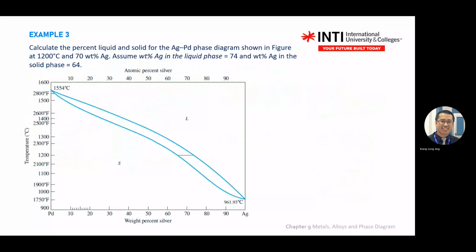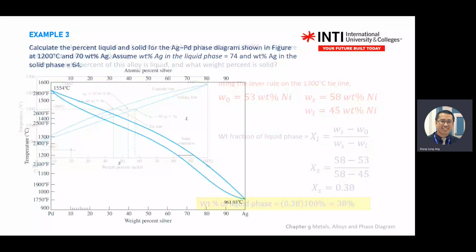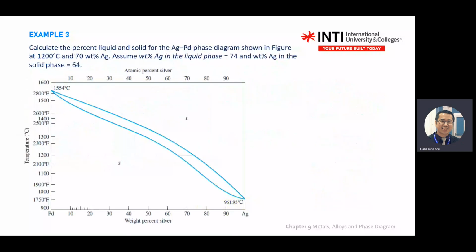Okay. Maybe one more. Same, you look at this diagram. Before you do anything, you look at the diagram. Temperature is always on the left, but this one is Fahrenheit. No issue. Actually, sorry, Celsius.